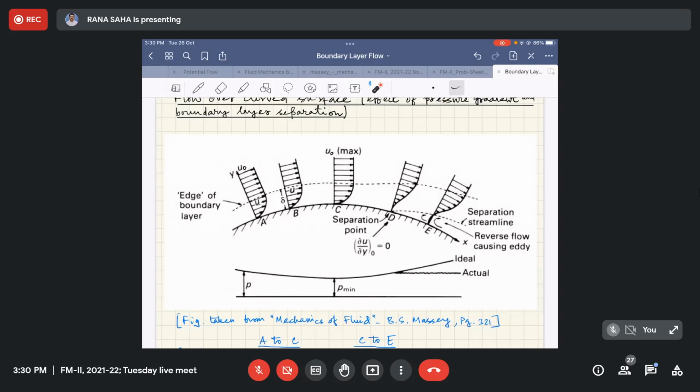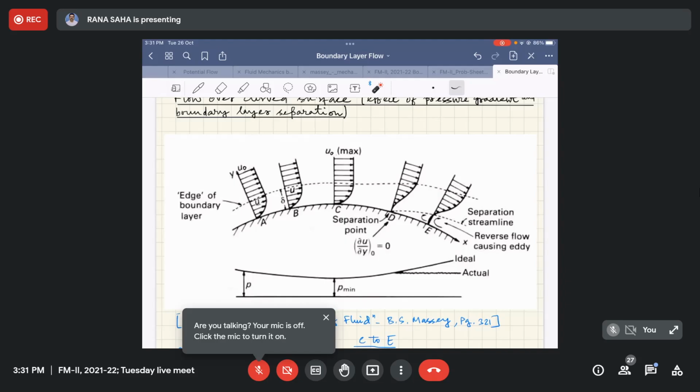You can also relate this to the u naught issue that somebody raised at the beginning of this discussion. If you look at this schematic, at a particular point A the typical velocity profile is drawn, where we have du/dy.